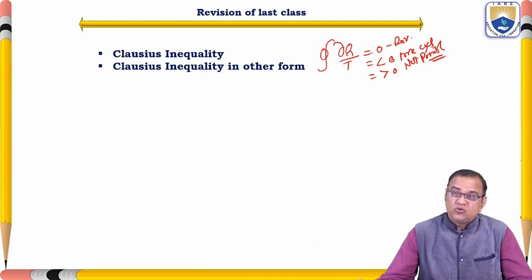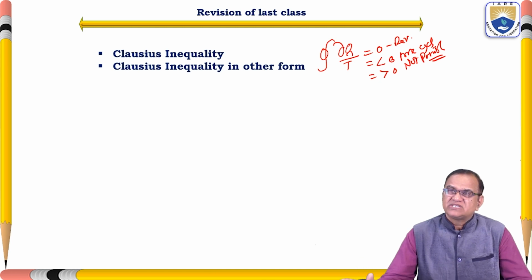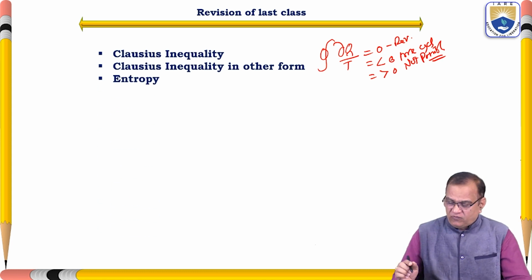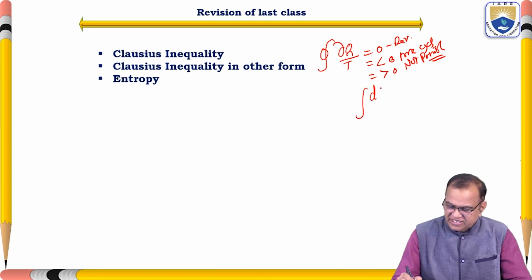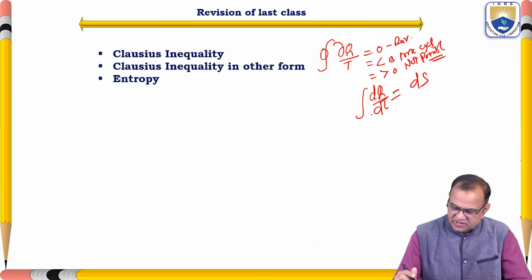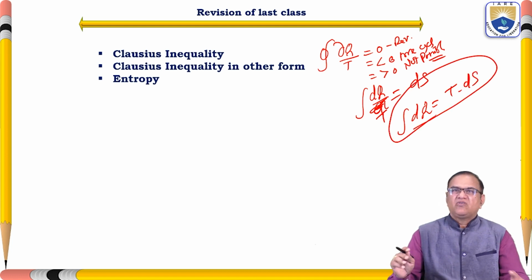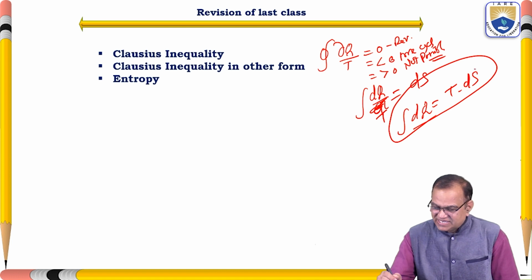I have shown two different forms of these Clausius inequalities. Then we found that dQ by T is equal to dS, or the cyclic integration of del Q is equal to TdS, where dS is the change in entropy.